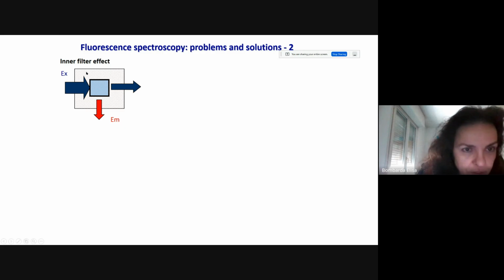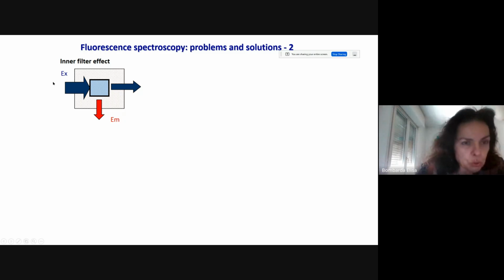The red dots are the molecules, and the smaller square is the detected region, because since we are detecting at a right angle, the signal comes from the molecules in the center of the cuvette.